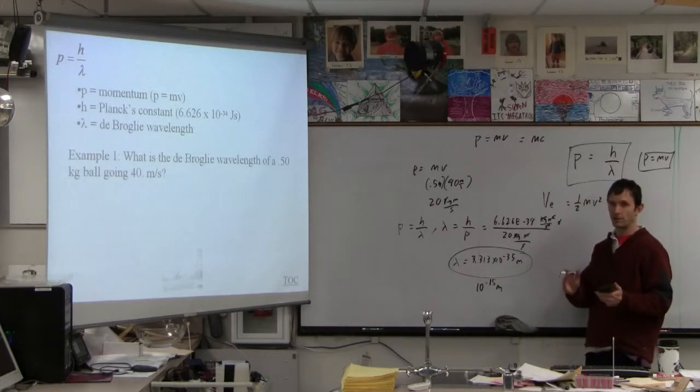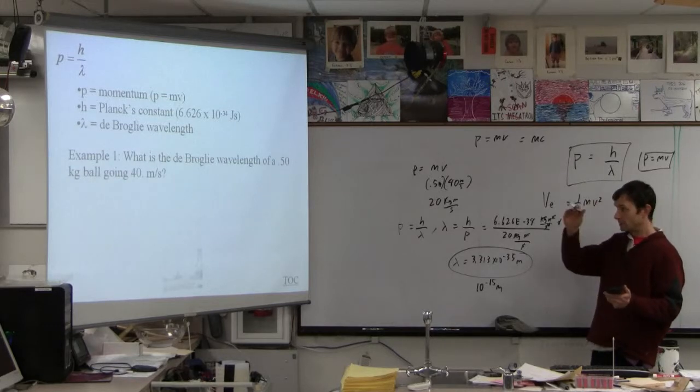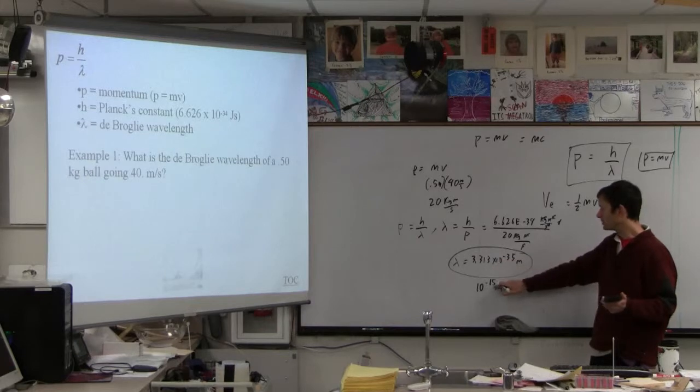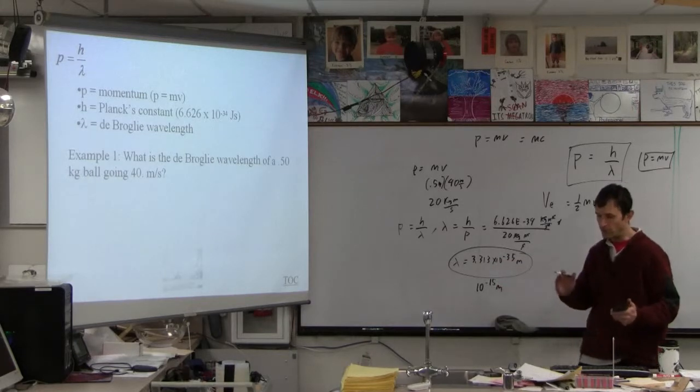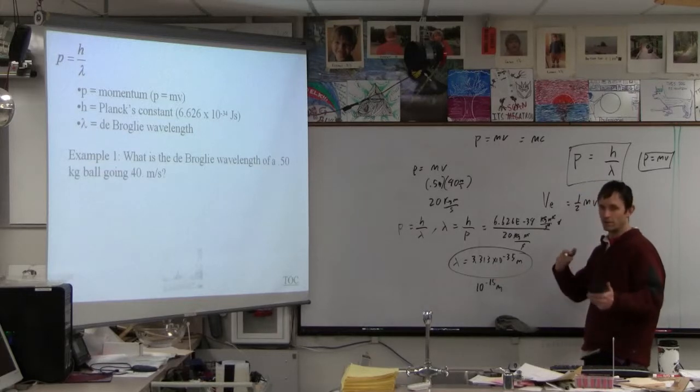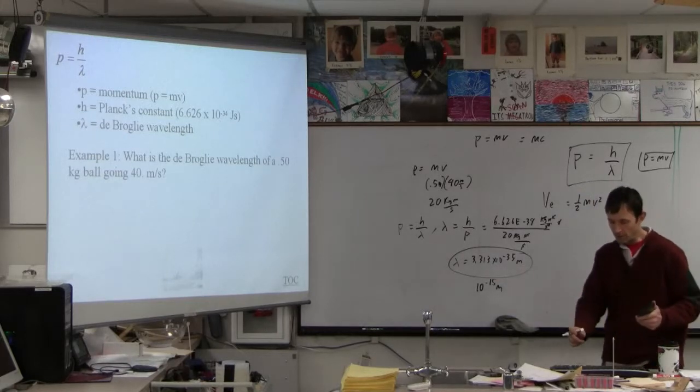You would have to have a diffraction grating with atoms spaced on that order, and atoms are much farther apart. So you couldn't build an apparatus to observe this wave behavior. In theory, you could say that's a de Broglie wavelength, but it really has no meaning.